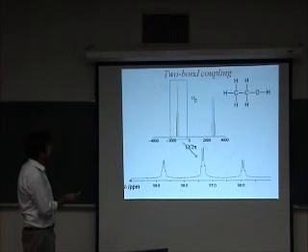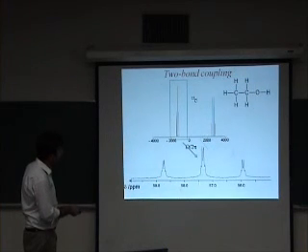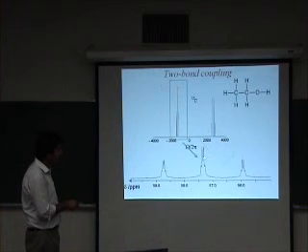You have a triplet in the ratio of 1 to 2 to 1. But if you look at each of these lines in the triplet, it is further split up in the ratio of 1 to 2 to 2 to 1.